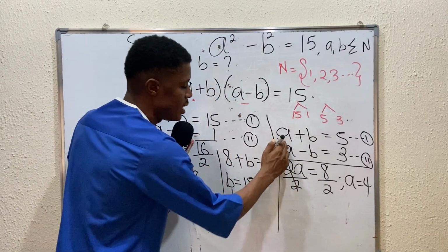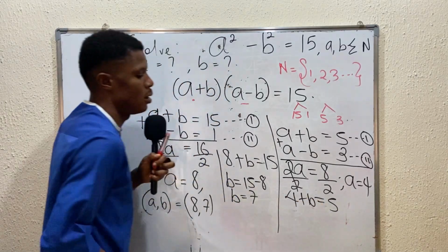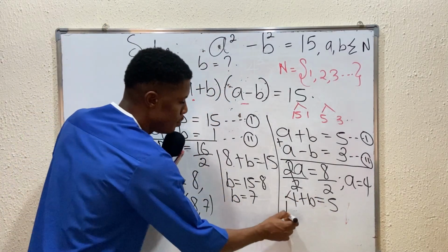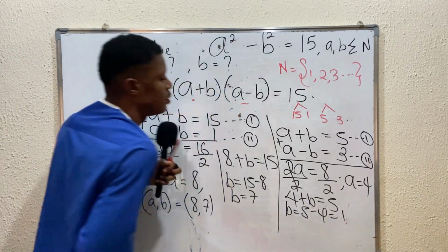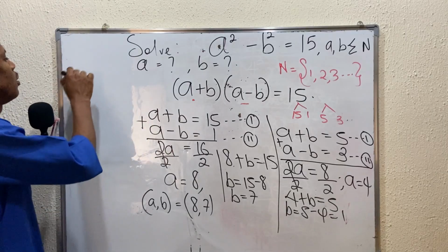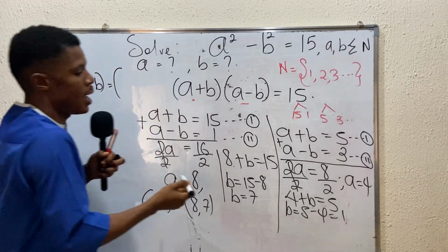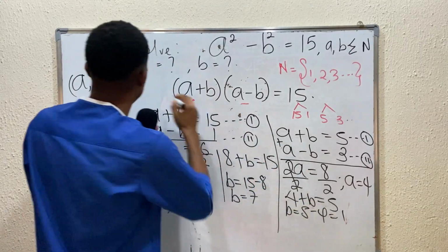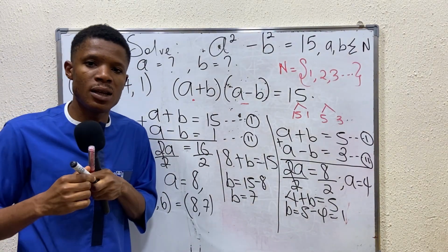So 4 plus b is equal to 5, then b is equal to 5 minus 4, and that's 1. So the second value of a and b is a equals 4 and b equals 1, and these are the two possible values for a and b.